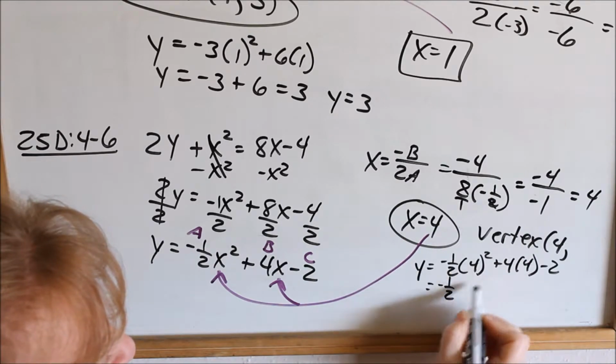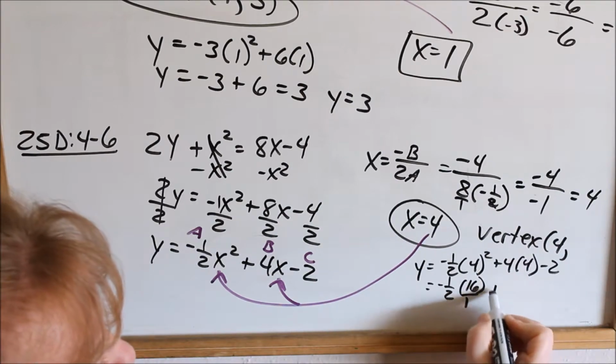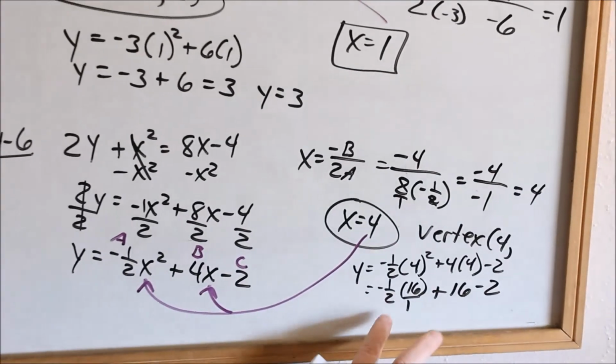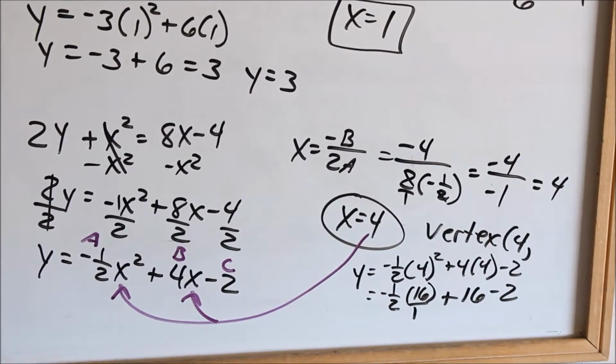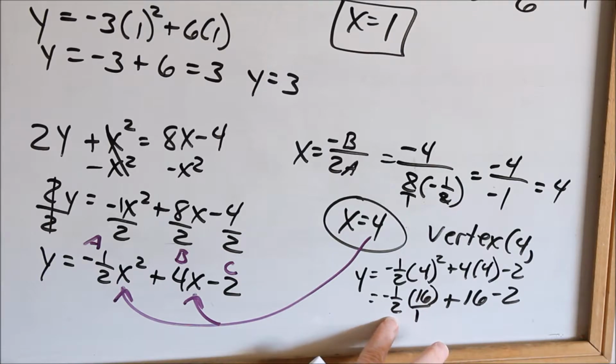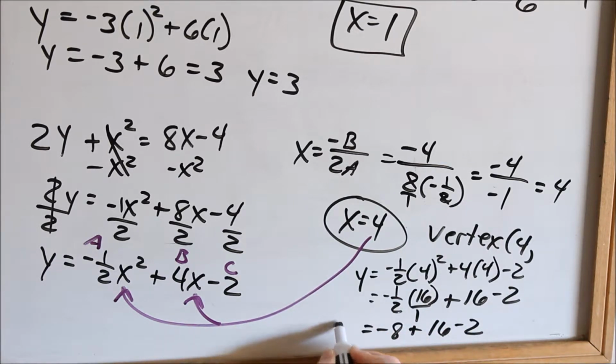Negative 1/2 times 4 squared, which is 16, I can put that over 1, plus 4 times 4 is 16, minus 2. My 2 and my 16 cancel. Basically this just becomes negative 16 over 2, which is a negative 8, plus 16 minus 2.